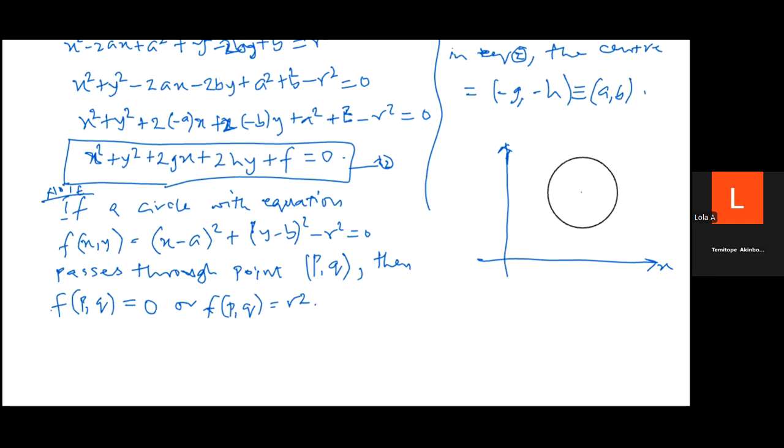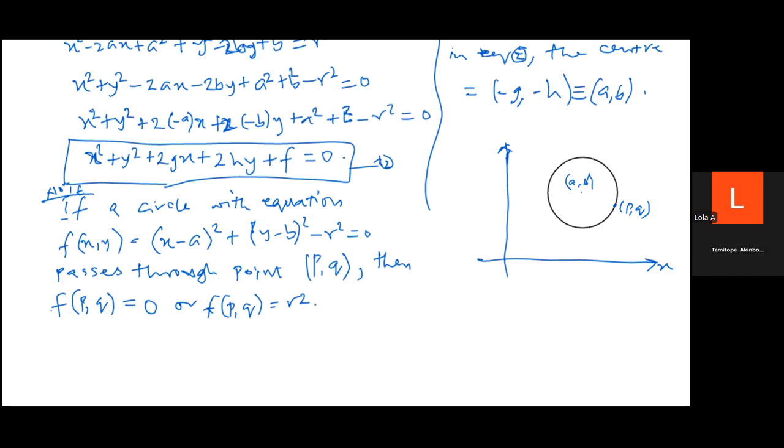Now, suppose this is the circle, and the center of the circle is A, B. Let's assume it passes through point P, Q. If you substitute the coordinates of the point where the circle passes into the equation of the circle, that's what f of P, Q is telling you.